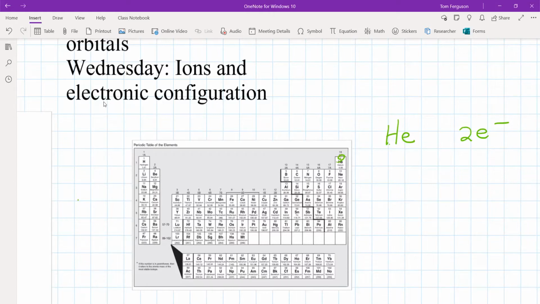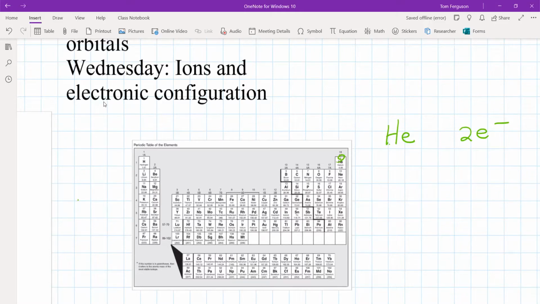What I mean by configuration is, where are those orbitals? On Monday, I'm going to talk about how, when I say orbitals, there are shapes to these orbitals as well. The S has a certain shape, the P's have a certain shape, the D's have a certain shape, and the F's have a certain shape. The F's are the most complex, the S's are the simplest.